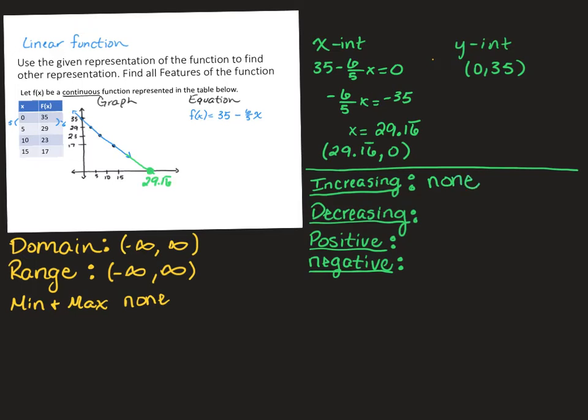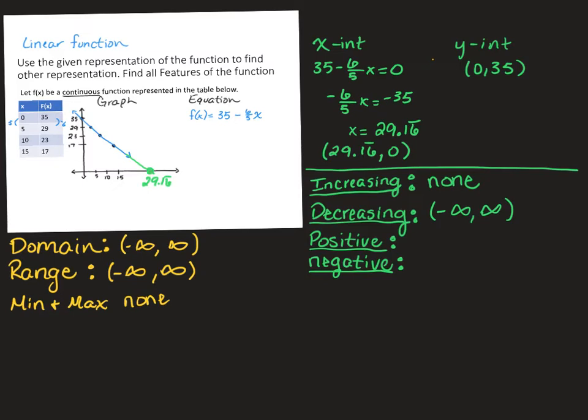And since it's decreasing over the entire domain, I'm going to actually write the domain from negative infinity all the way to positive infinity. The function is positive before its x-intercept. So again, the function will have positive values. It will have positive output values all the way up until it hits that x-intercept.